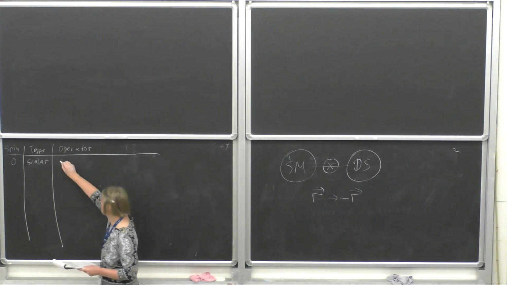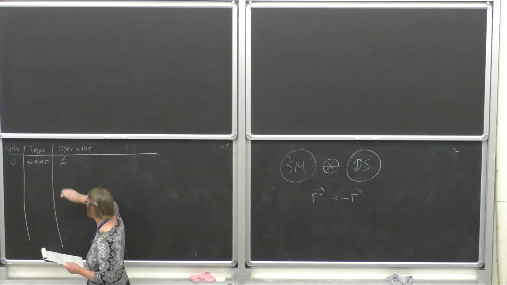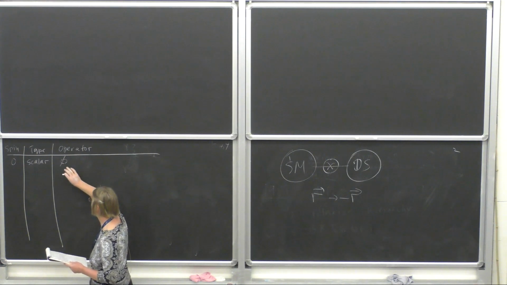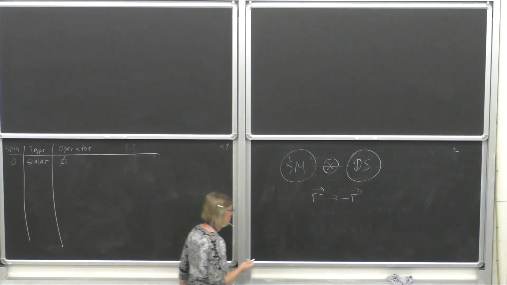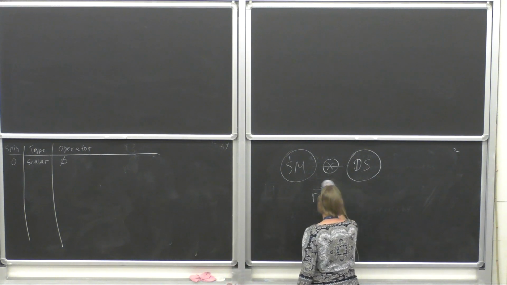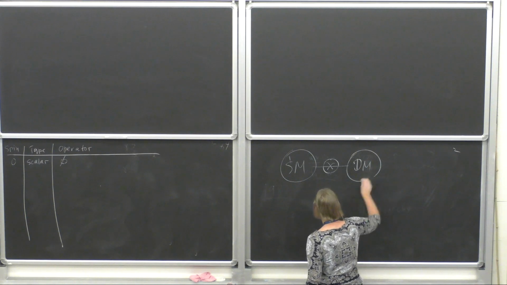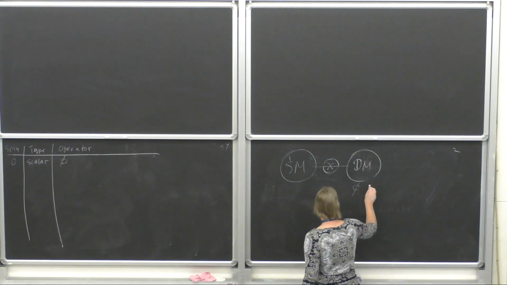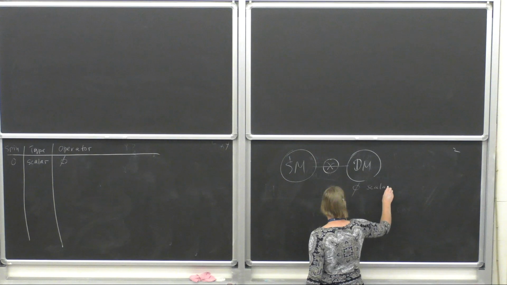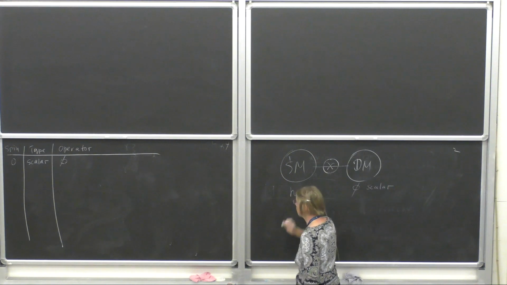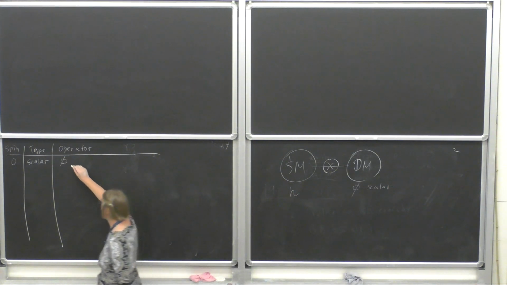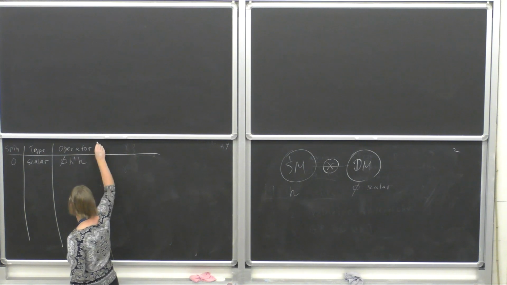Okay, what's the simplest one? Well, you just have your scalar, and phi is your scalar field, your dark matter field. So let me actually make sure we write down which fields are dark matter. So the phi, it's a scalar, and Higgs is here.